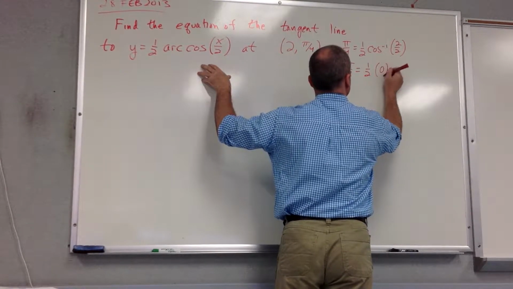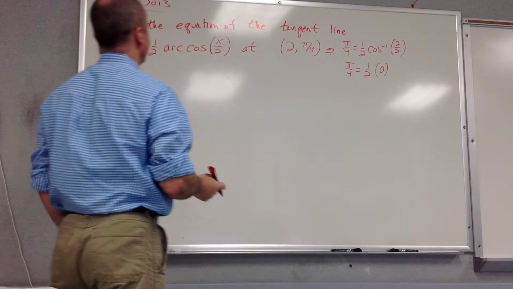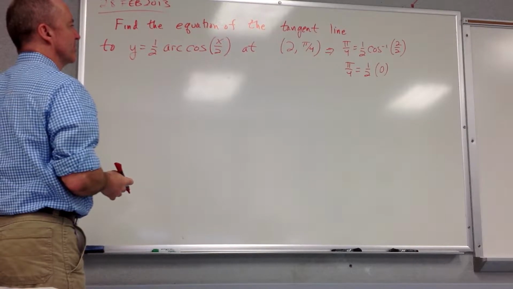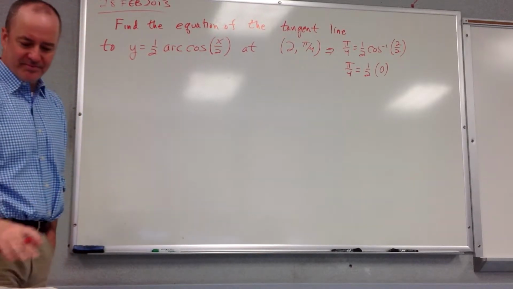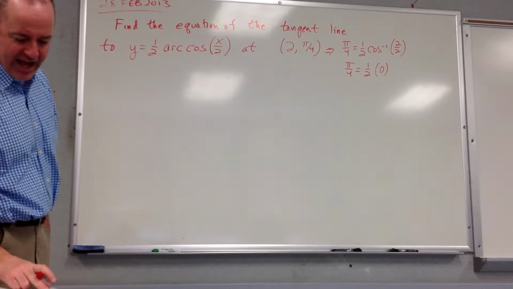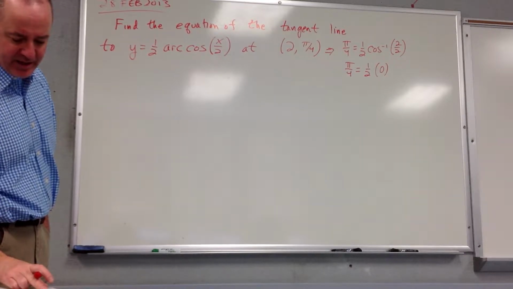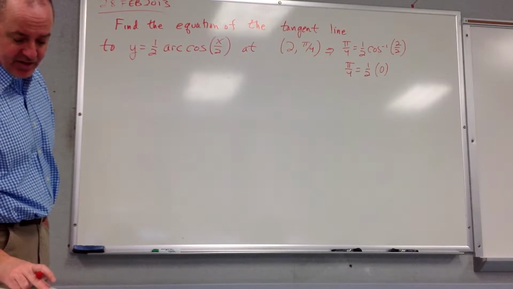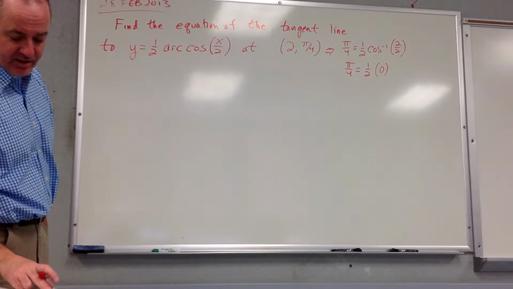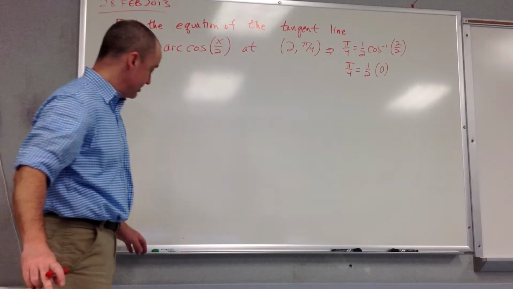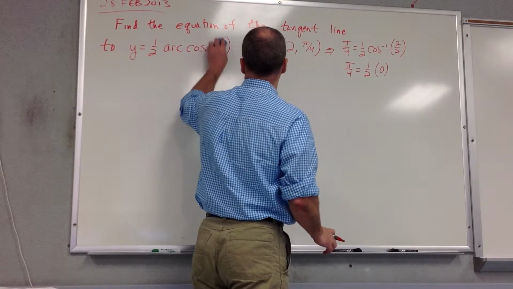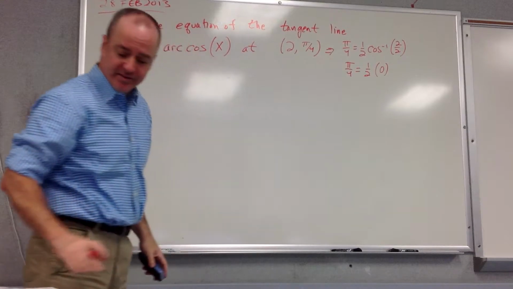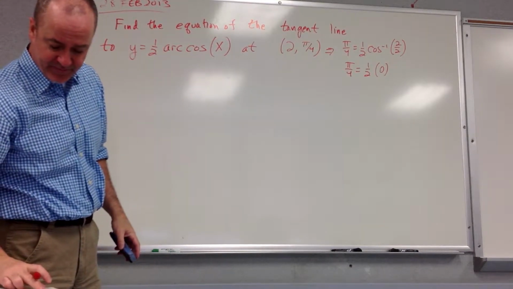That doesn't look right. Could be 0 or pi. Let me make sure I've got the right one here. And I'm glad I checked, because I did plug it in correctly. Something looked wrong, and I was correct that it was wrong. I didn't think that y and x worked out.